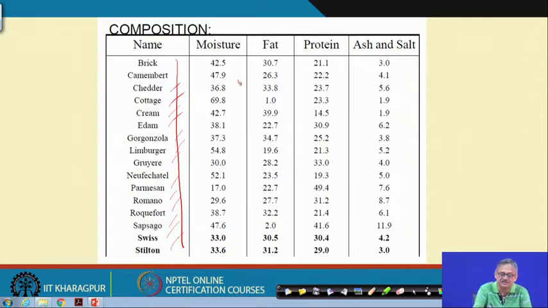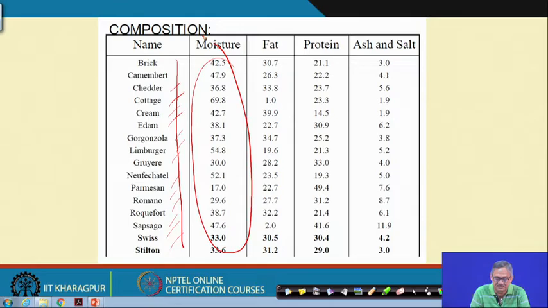But you see, the moisture content varies so widely. The lowest one could be 17.0 and the highest one somewhere around 69.8, right. So within such a wide range, the moisture content varies.